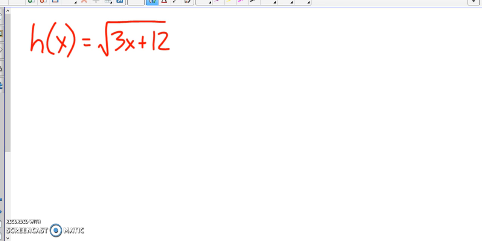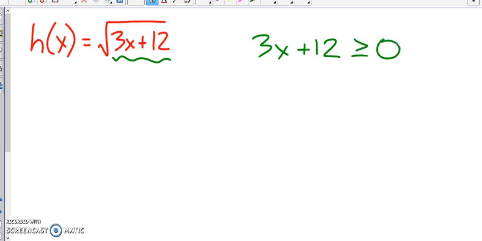Yeah, you got a square root. And so we have to worry about taking the square root of a negative number, right? So the idea is this piece right here, whatever this is, I have to make sure that doesn't go negative. The easiest way to do that is to take 3x plus 12 and set it greater than or equal to 0, because if it's greater than or equal to 0, it's not going to be negative.